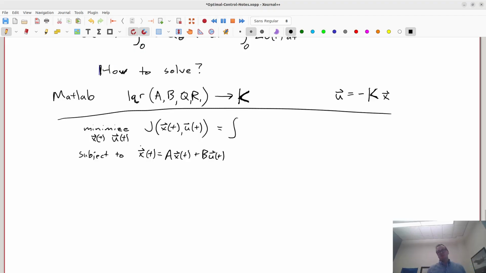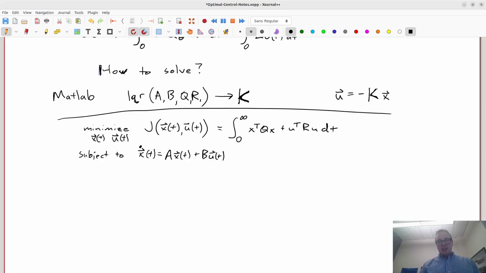Okay, now for the rest of this lecture, I'm going to do something that I tried not to do in class that might be confusing, which is to get rid of my normal notation with the arrows over vectors and also the function of t. So for shorthand, I'm going to write this objective as just the integral of x transpose Q x plus u transpose R u times dt.